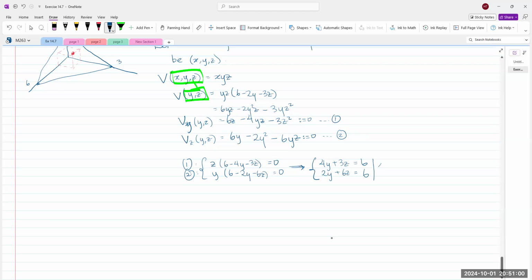Now I solve this further. I multiply this by 1, and this by -2, that way I eliminate the y's. So when I subtract, I get -9z equals -6, z equals 2/3.